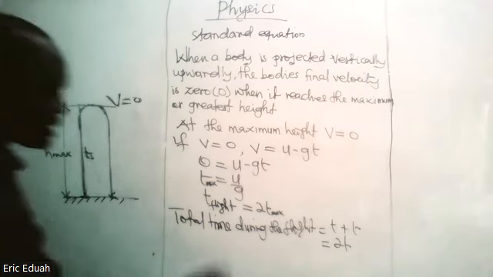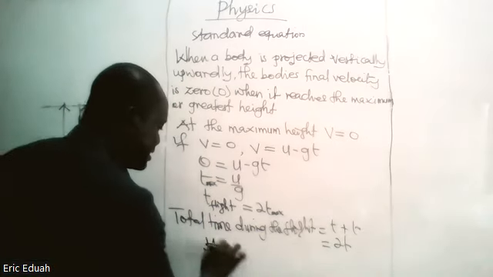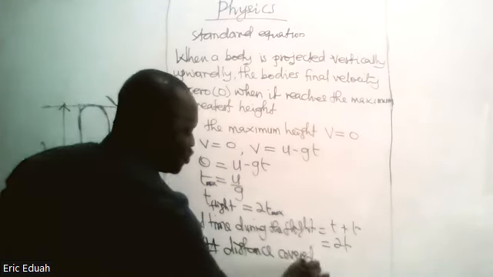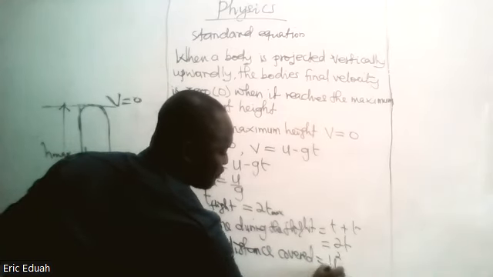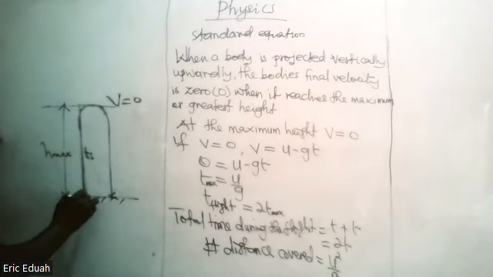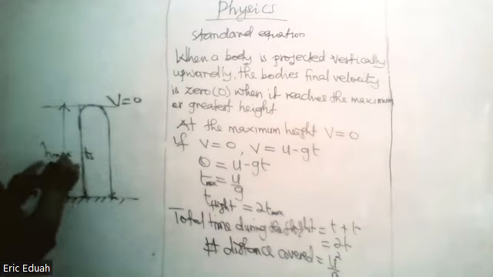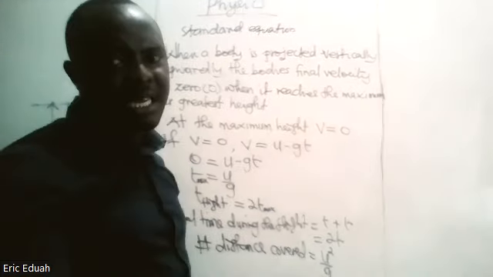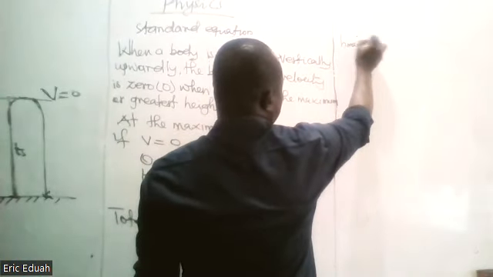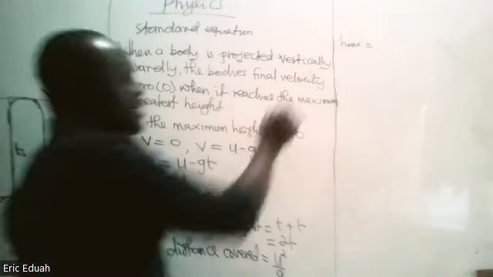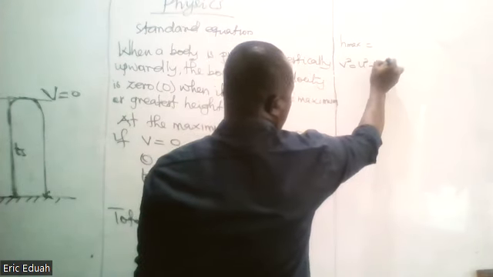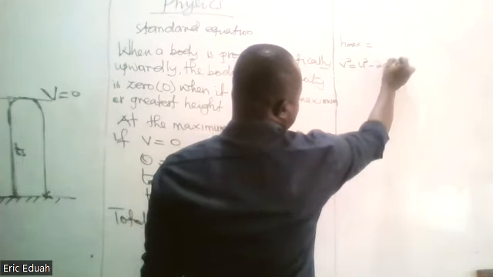Yes, we saw that the total distance covered will be equal to U squared over G. For the sake of those who were not here, the body will get to the maximum height. If I'm looking for an expression for the maximum height, H max, how do I get that? Using equation 2, V squared is equal to U squared minus 2GS.